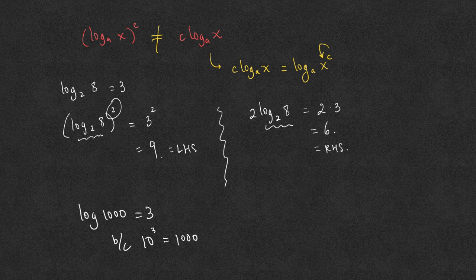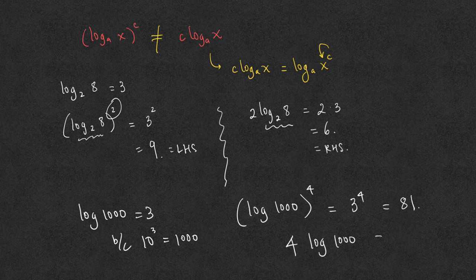And if we were to take this log of 1000 raised to the fourth power, for example, any c, then we'll get 3 to the fourth, which is 9 times 9, which is 81. 3 times 3 times 3 times 3. But what happens if we were to take c, which is 4, times log of 1000? We'll get 4 times 3, which is 12. And 81 is not 12.